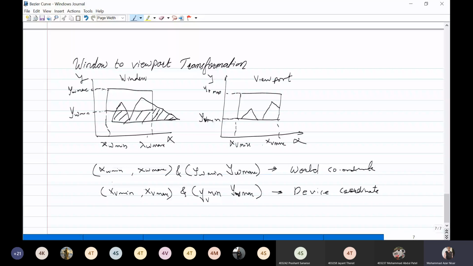This is called the window, and this is called the viewport.